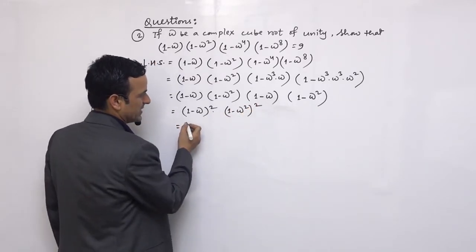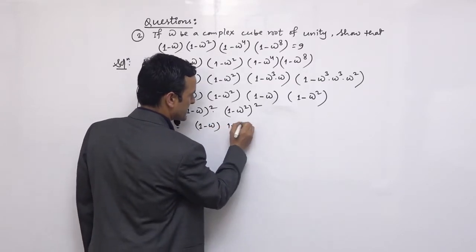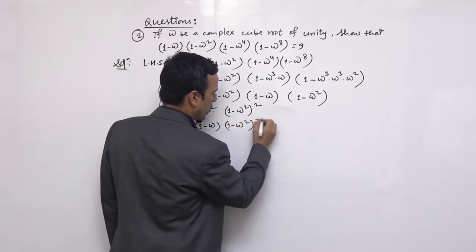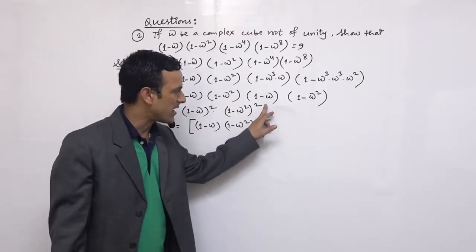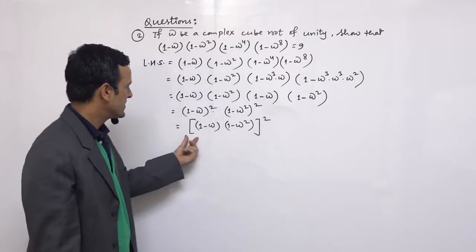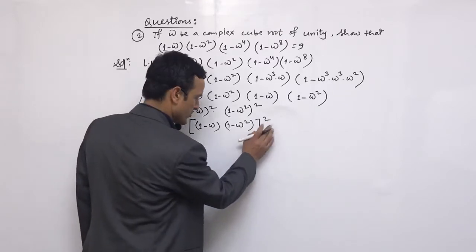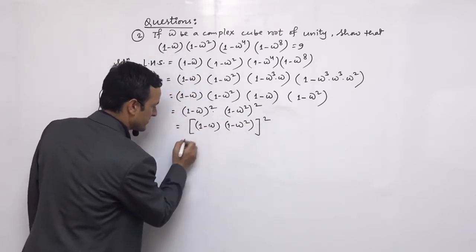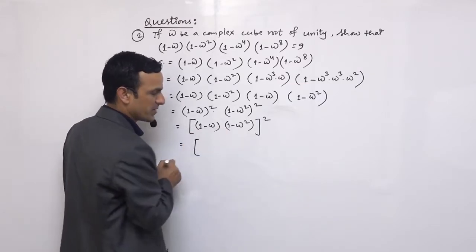So in this step we can do it like this: (1 minus omega square) whole power 2. Its power is 2, and its power is also 2, so write only once power 2 after inserting the big bracket. The inside terms are put together.